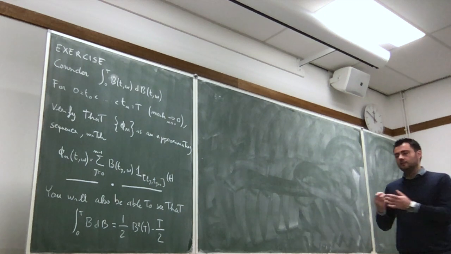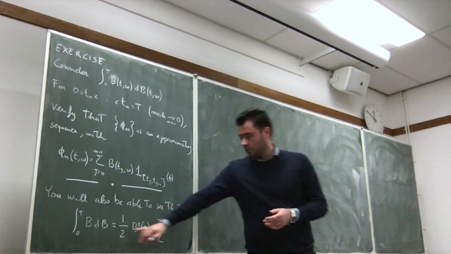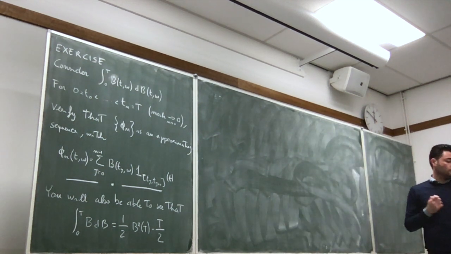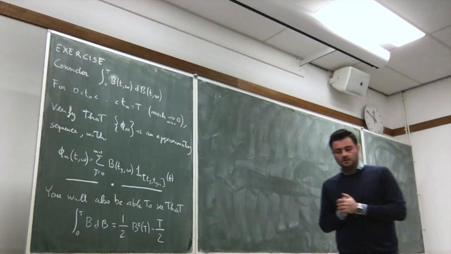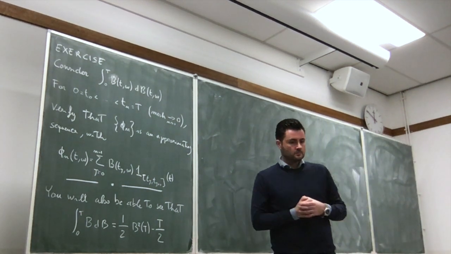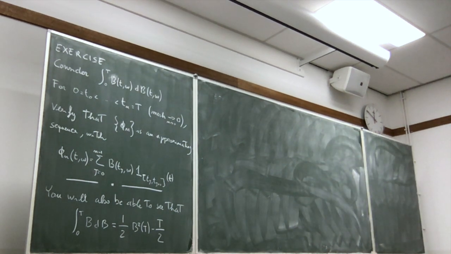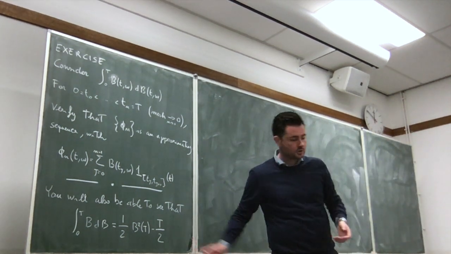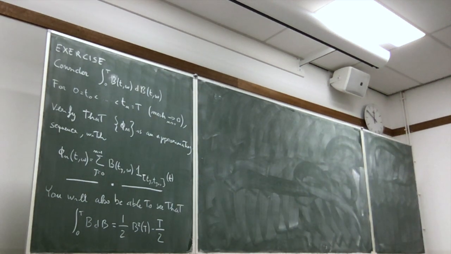So if you combine these things, you should be able to end up with the actual solution of this integral, which is 1/2 the Brownian motion squared in capital T minus T over 2. You will see that this will be actually the solution that we get with the Ito formula. So let's say that this is the long and cumbersome way to reach this solution, but it's a nice exercise.